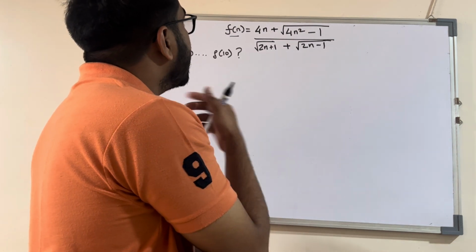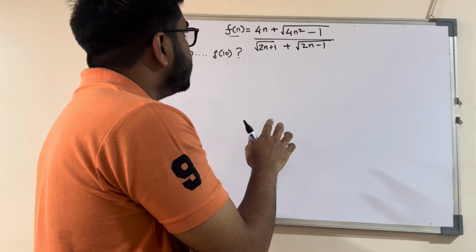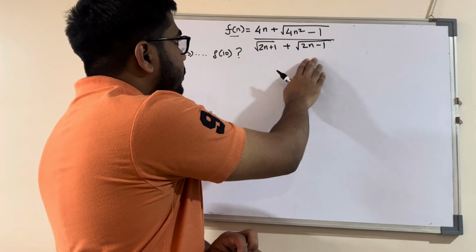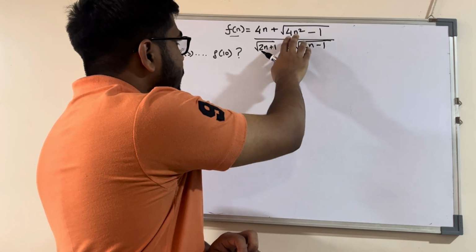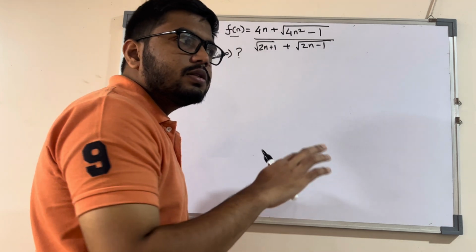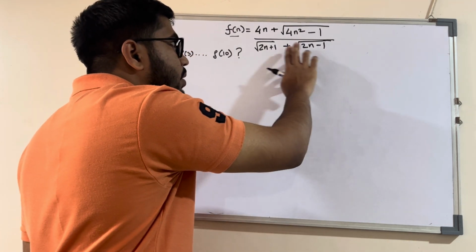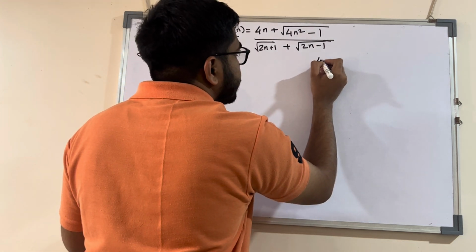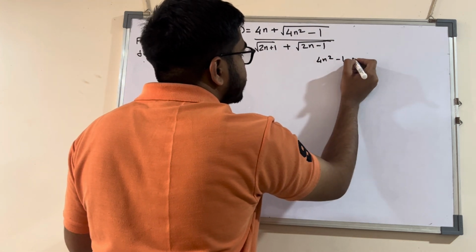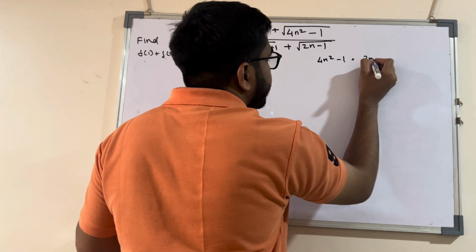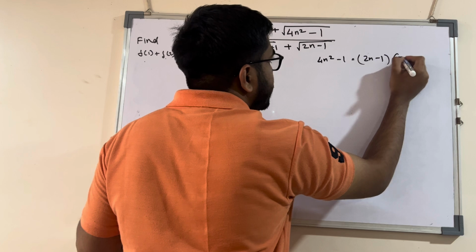If I try to look at the function, 2n plus 1 is there, 2n minus 1 is there, 4n square minus 1. 4n square minus 1 looks like it can be broken down into 2n plus 1 and 2n minus 1, right? So what is 4n square minus 1? It is actually (2n minus 1)(2n plus 1).